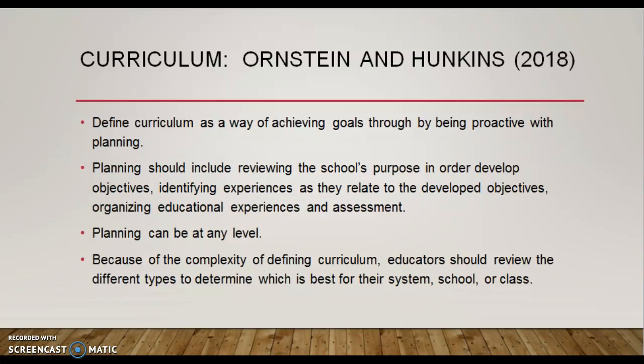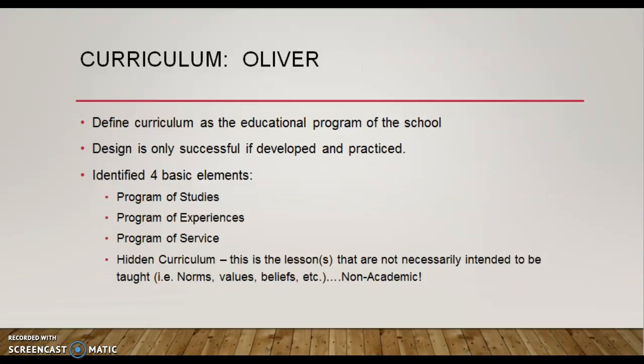That planning, however, can start at any level. Because of the complexity of the definition of curriculum, educators should review the different types and determine which type best suits their system, their school, or their class.